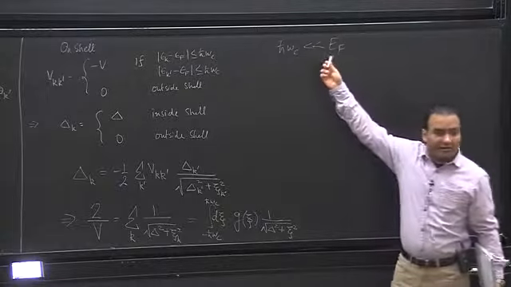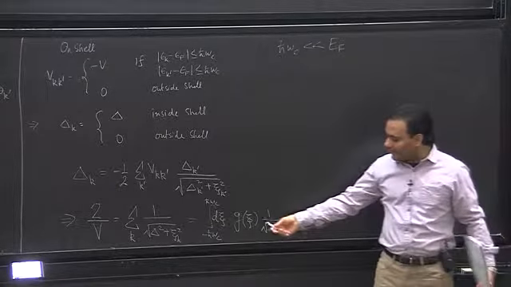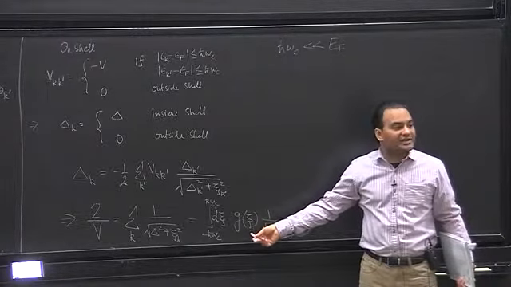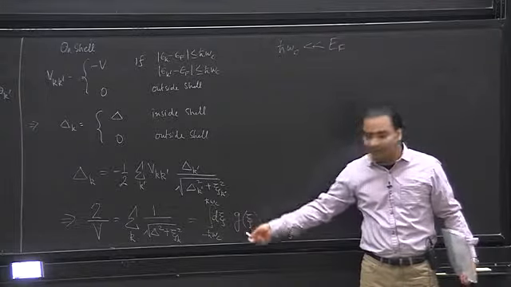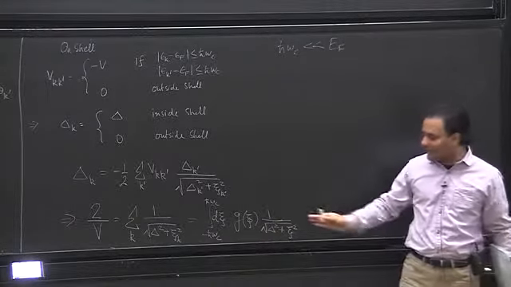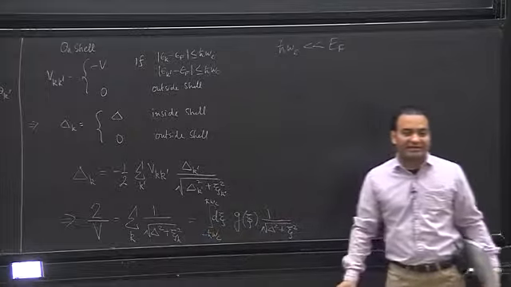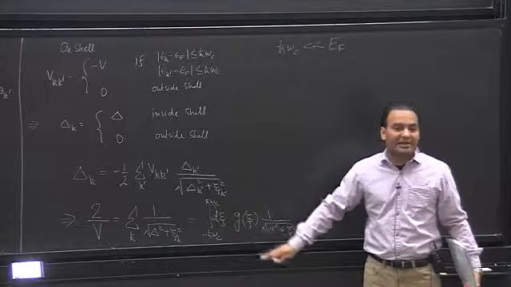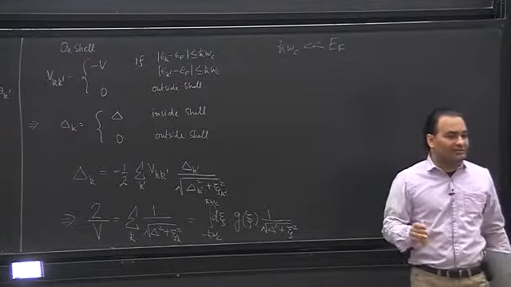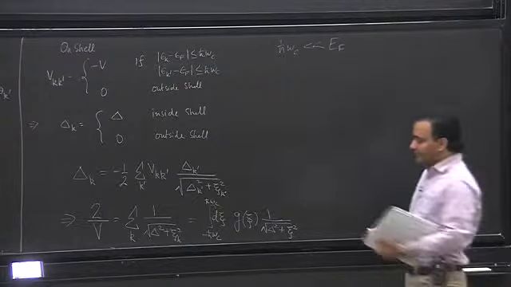And with this constraint, I'm going to ignore any energy dependence that the density of states has in this energy window, take it outside the integral, and just replace it by the value of the density of states at the Fermi energy.